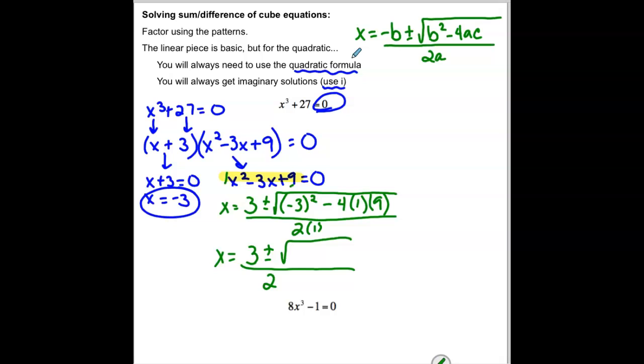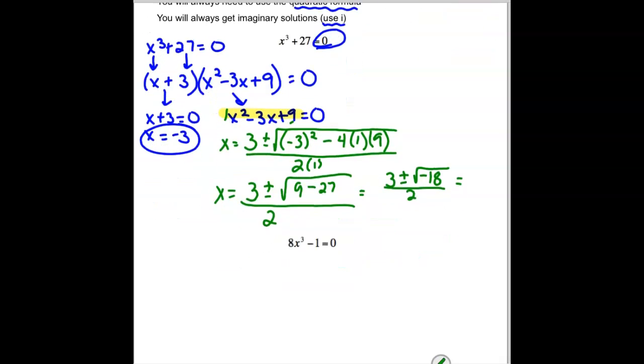Underneath our square root, we have negative 3 squared, which is 9. We have 4 times 1 times 9 is 27. We're subtracting that. So we end up with 3 plus minus the square root of negative 18, all divided by 2. And then we break down that square root. 18, you can think of it as 9 times 2.